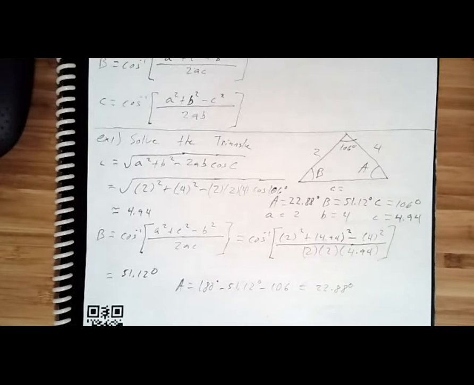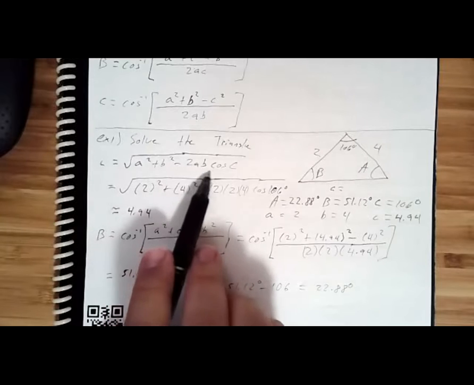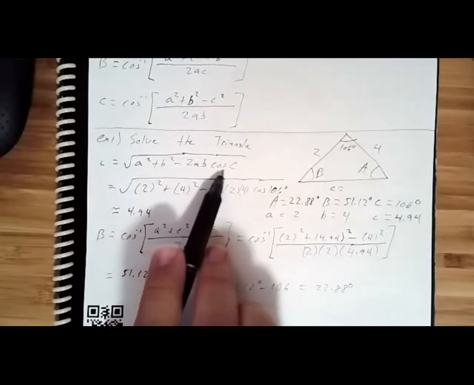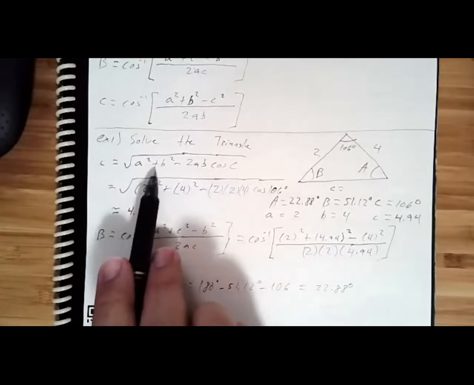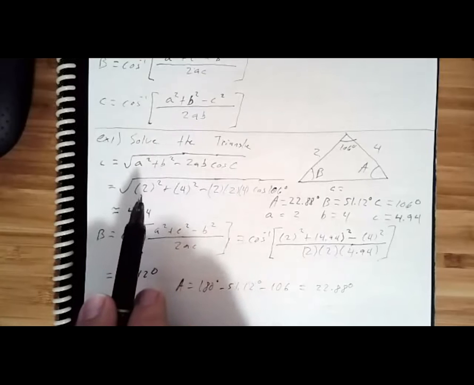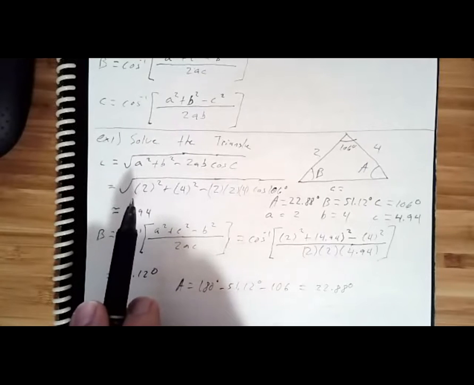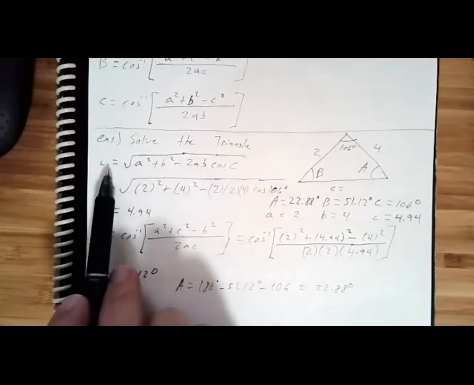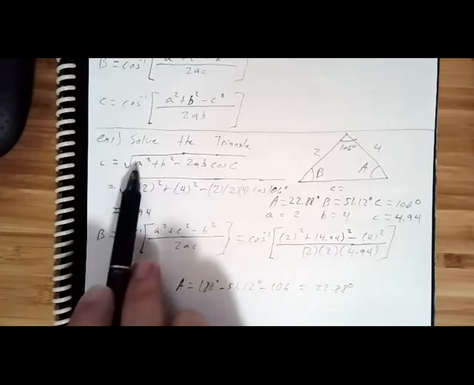Sir? Yes. Double checking. Law of cosines applies to all triangles, whether they're right angles or not, right? Right. If you try to use this on a right angle, this part will zero out, so it'll still work, leaving you with a squared plus b squared. Right, that's why c squared would be equal to a squared plus b squared.